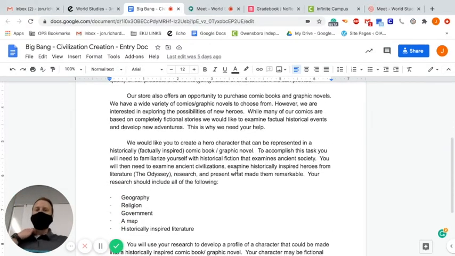Our store also offers an opportunity to purchase comic books and graphic novels. We have a wide variety of comics and graphic novels to choose from. However, we are interested in exploring the possibility of new heroes. While many of our comics are based on completely fictional stories, we would like to examine factual historical events and develop new adventures.